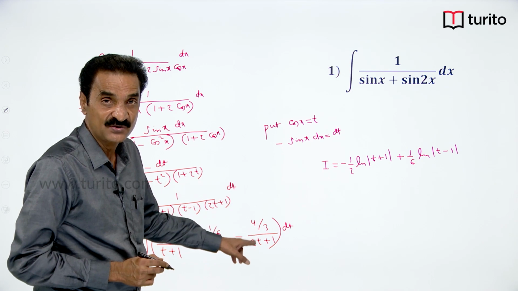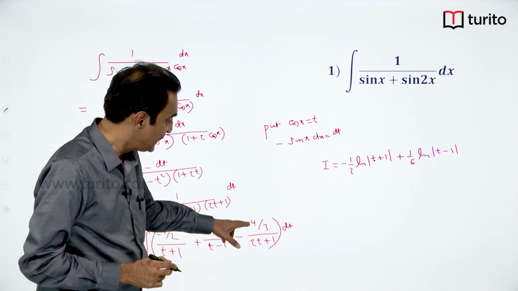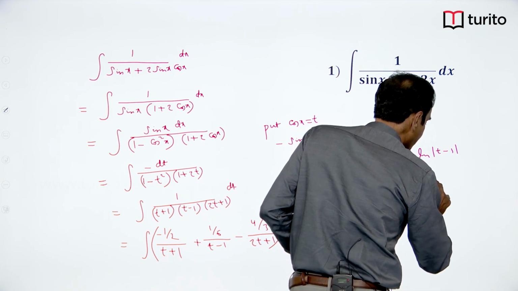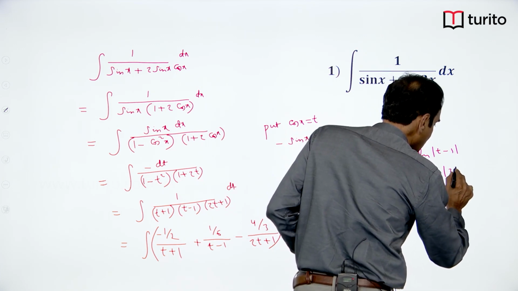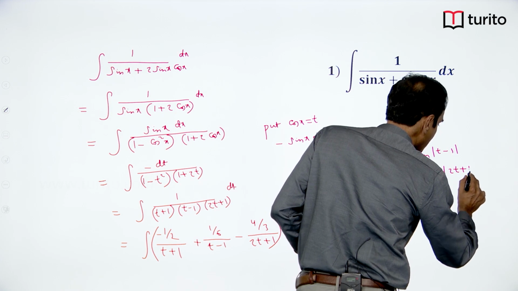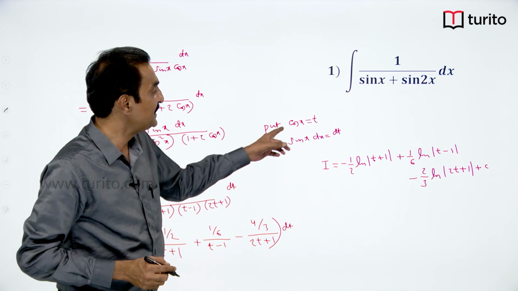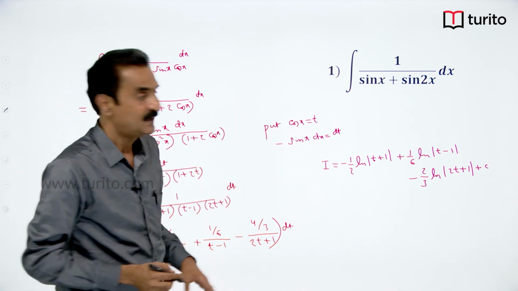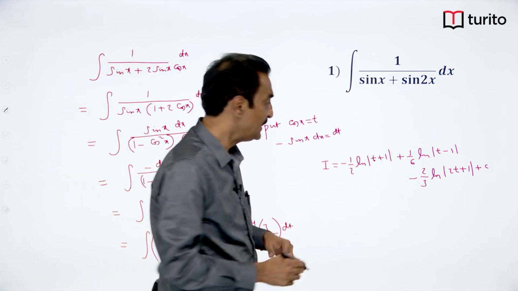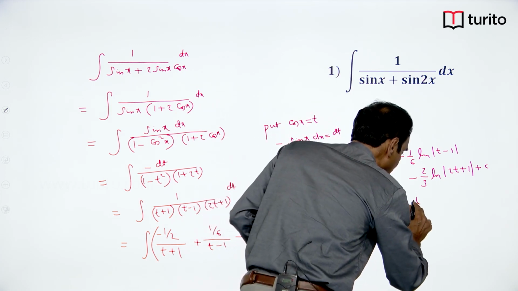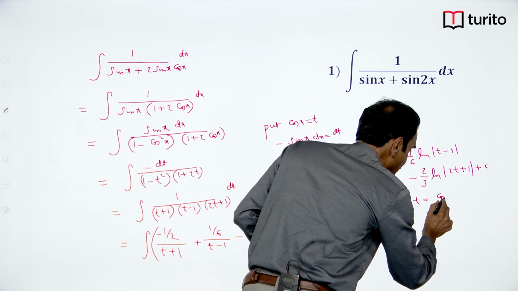Derivative of 2t plus 1 is 2, so we have to divide by 2. Then this 4 by 3 becomes 2 by 3 log mod 2t plus 1 plus c. That is the final answer, where t is equal to cos x. You can leave the answer in terms of t by writing where t is equal to cos x.